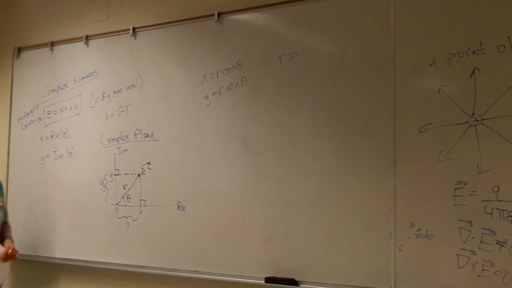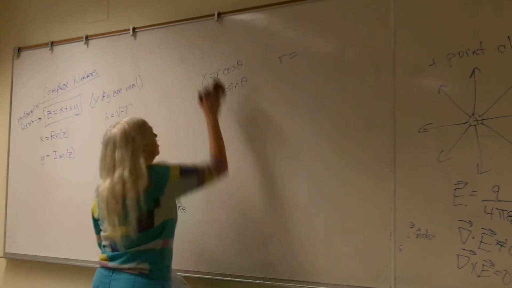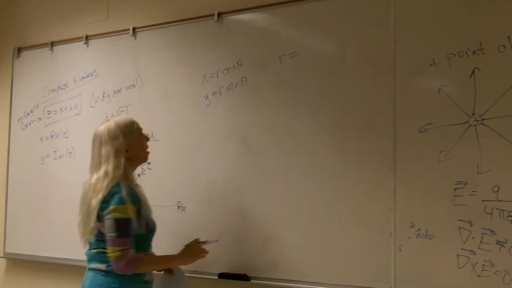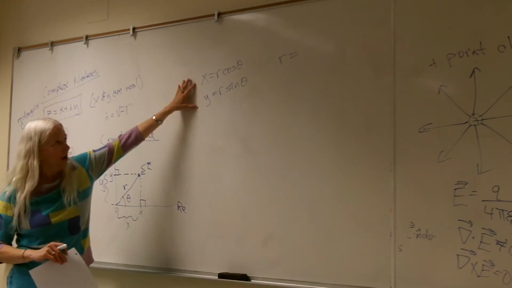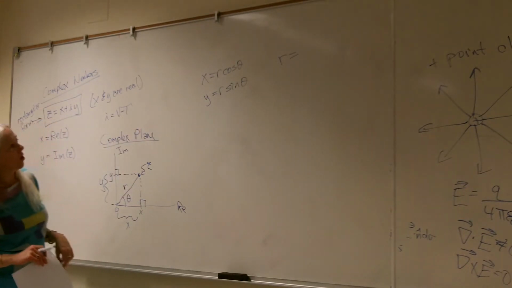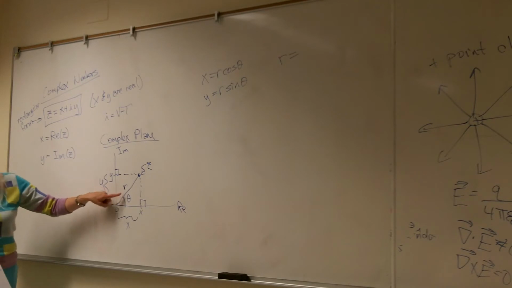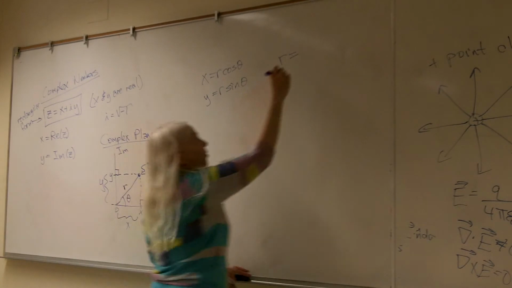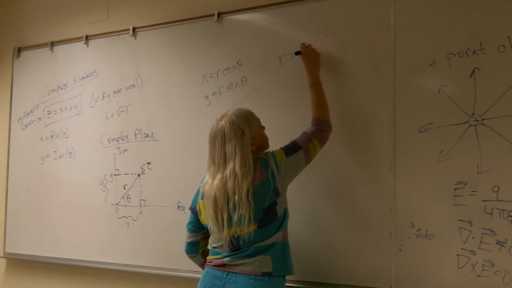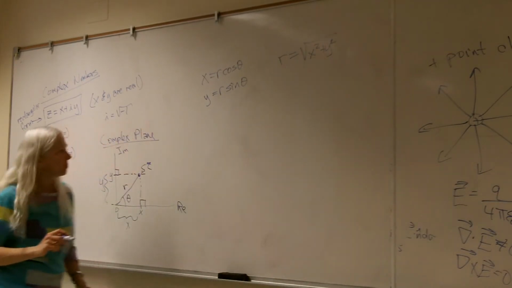Okay, so anyway, let's say we knew r and theta and wanted to find x and y, right? This would be our way of doing it. If we wanted to go in reverse, if we knew x and y, but we wanted to find r and theta, well, r is the hypotenuse of this triangle, x is this side, y is that side, so by the Pythagorean theorem, r is the square root of x squared plus y squared.